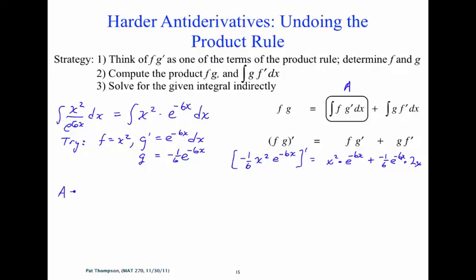So A is going to be f times g, which is right here, negative 1/6 x squared e to the minus 6x. That's fg, right? Minus the integral of this one over here, which would be minus the integral of, I'm going to combine these, negative 1/3 x e to the minus 6x dx.